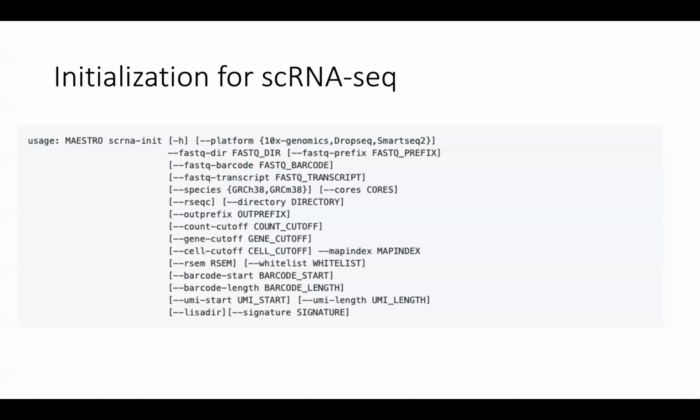Yeah, so the whitelist is, I guess, a list of the barcodes that 10x Genomics uses. Because if you remember from a lecture, I think Martin was giving the lecture, while you're doing PCR or whatnot, sometimes an error, or there could be a sequencing error when you're reading the barcode.